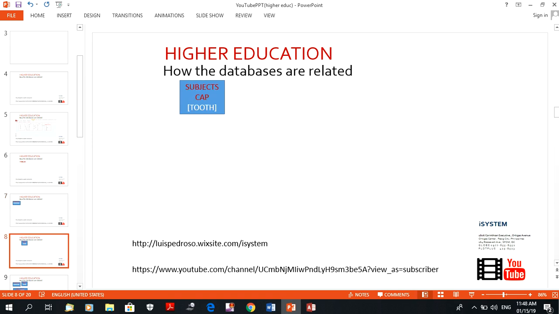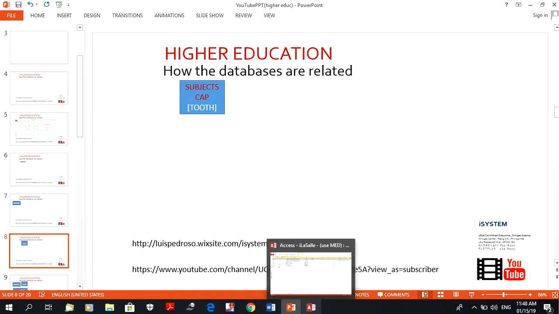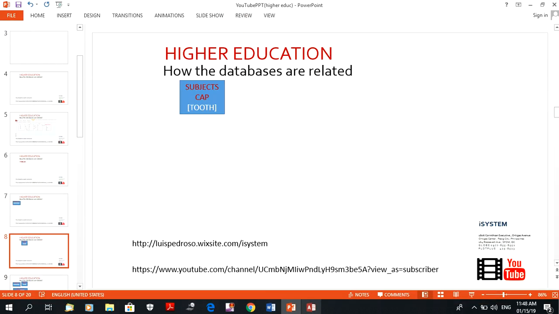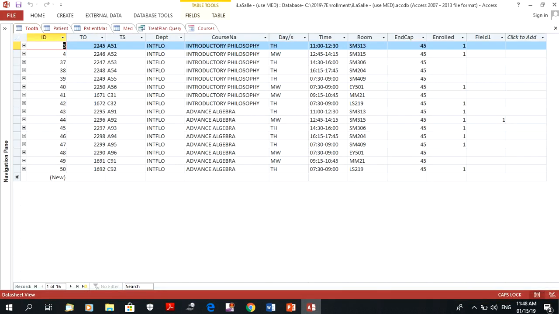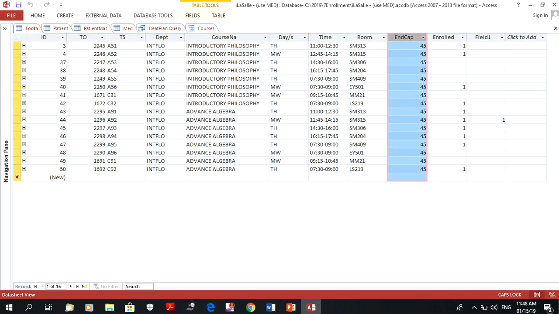The next table is the subjects table, subject cap, which can be found in the tooth table. The subject cap means that for every subject there is an enrollment cap. Let's say all the subjects here can only accommodate 45 students. So that's what this table is used for.